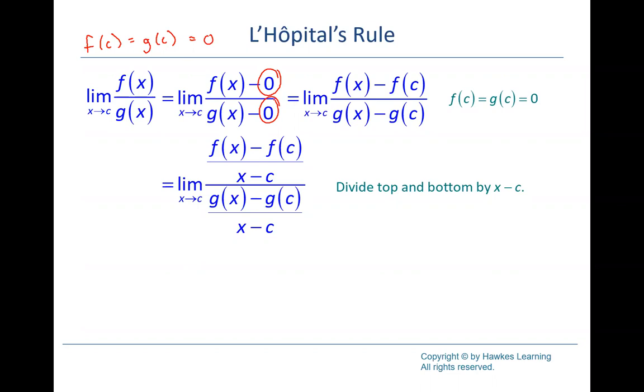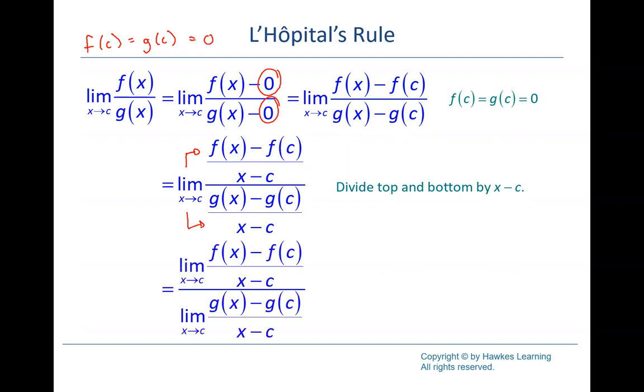Now I'm taking the limit of a fraction, so I know that I can split this into the limit of the top and the limit of the bottom. But if we look closely at the limit of the top and the limit of the bottom, well, that's just a derivative.